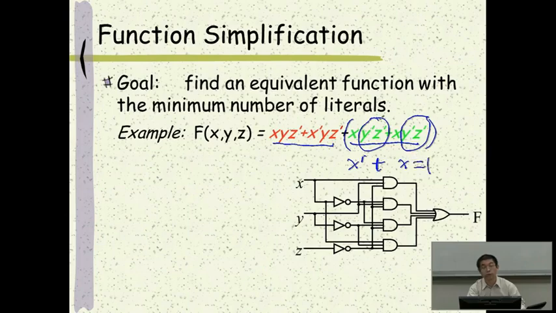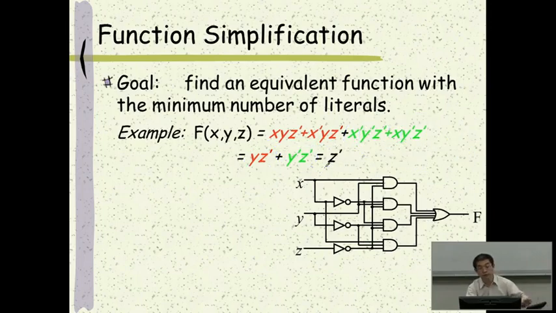So that means the 2 green terms are equivalent to y prime z prime. And similarly, the first 2 red terms can also be simplified to y z prime. So now we have y z prime and y prime z prime. Applying the same strategy again, we know this is z prime.